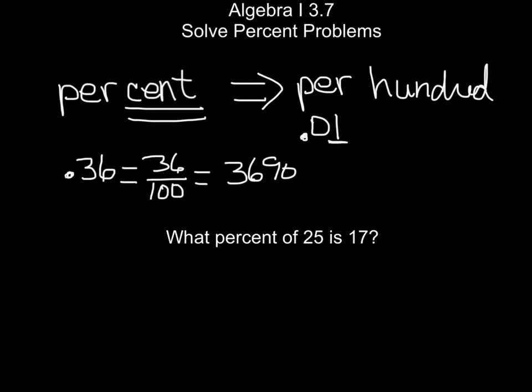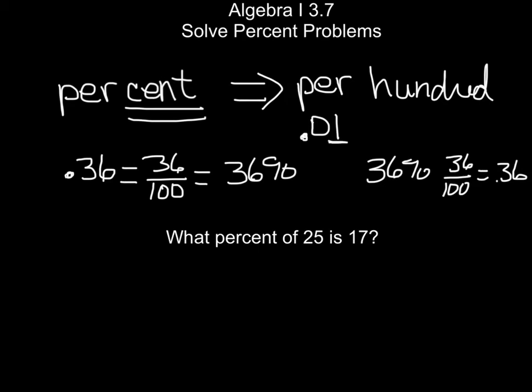On the flip side, if we started with 36% and needed the decimal, we would know that 36% means 36 per hundred, and that decimal is 0.36. So you go back and forth depending on what you need to be doing.